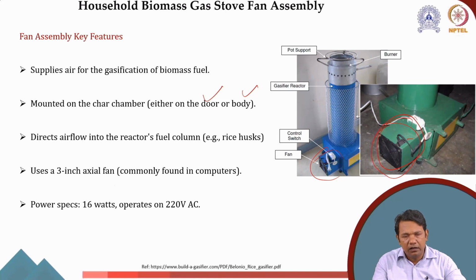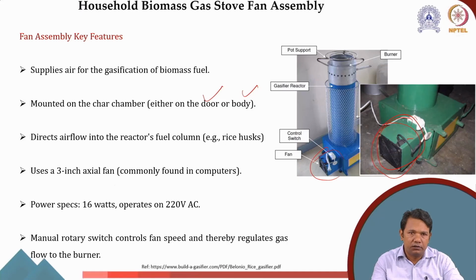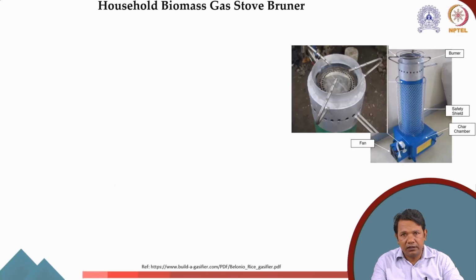The power source is approximately 16 watts operated at 220 volts. That is one kind of fan that I'm talking about. You can definitely take a different kind and different capacity fan depending on the kind of usage you have and the amount of gasification rate that you want. Now the manual rotary switch controls the fan speed and thereby regulates the gas flow to the burner.